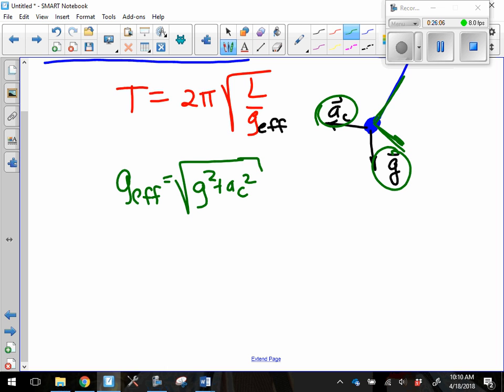But what's AC equal to? V squared over R. Make sure you get your parentheses in the right spots. Oh, and what are we supposed to find, the frequency, actually?